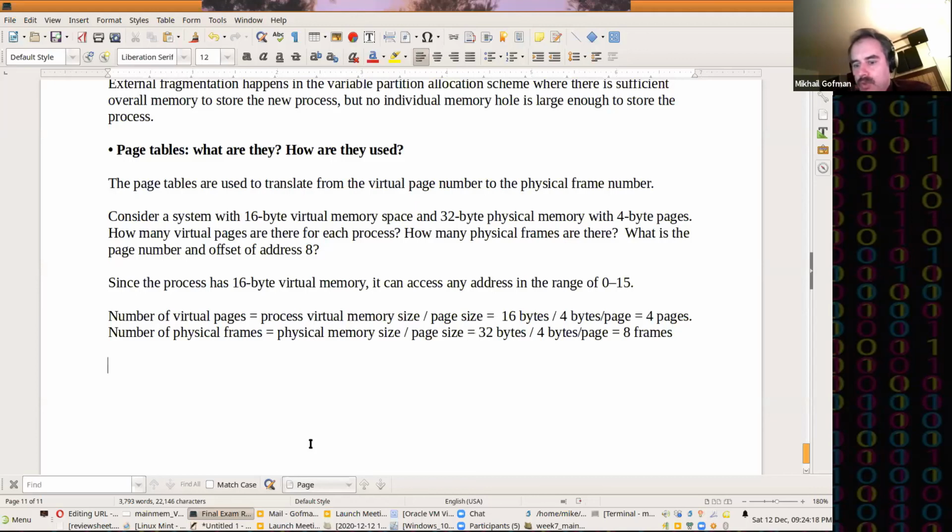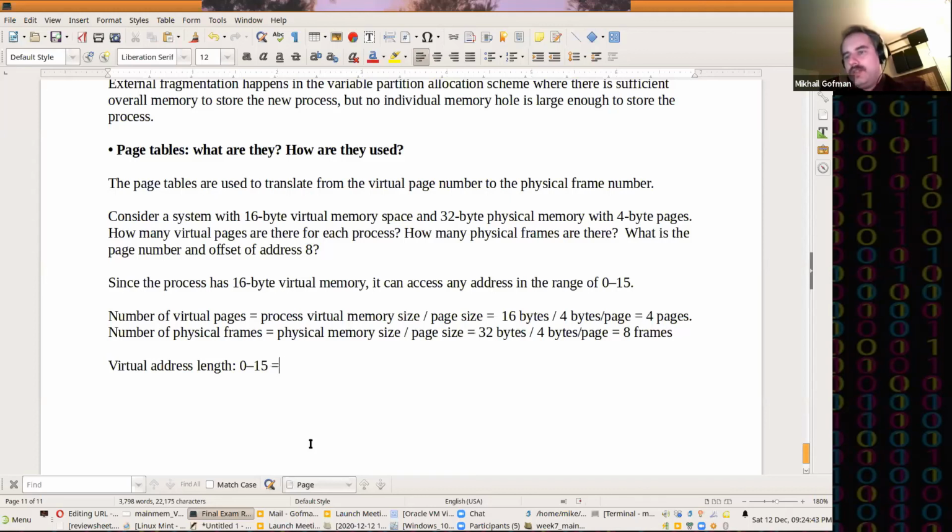Okay, so let's figure out the virtual address length. We need to be able to access any address between 0 and 15. Now, how many bits do we need to specify any such address?